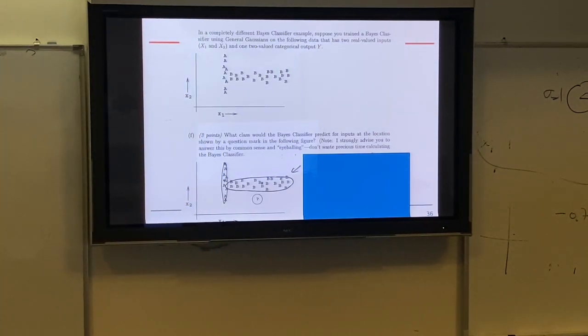So I have the data here, and I have the data here, and I have the point here, right? How to classify this one, please?